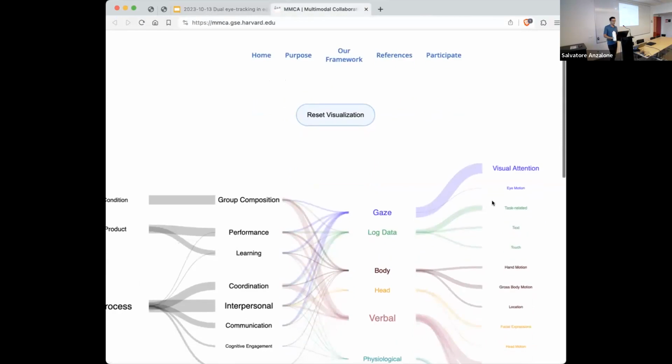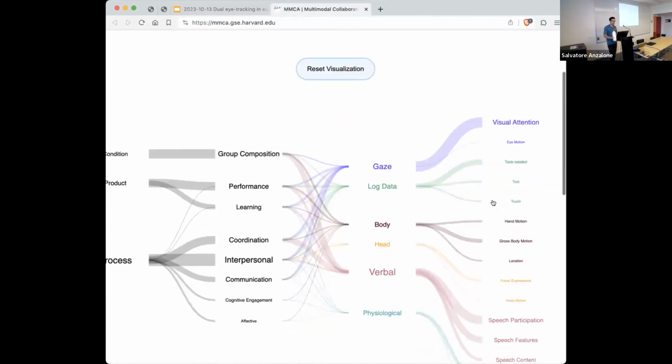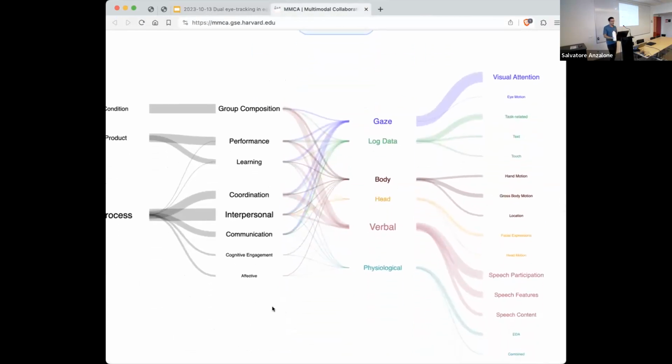It's a first draft of a visualization, but we're basically decomposing collaboration into properties, products, and conditions. This is based on existing work. And we have all of the different measures that people have used in, I think, 70 papers or so, in terms of gaze, body, verbal data, and there are some sub-dimensions here.